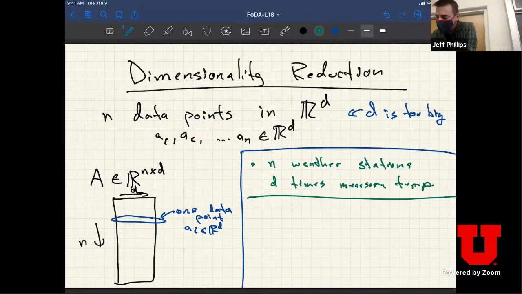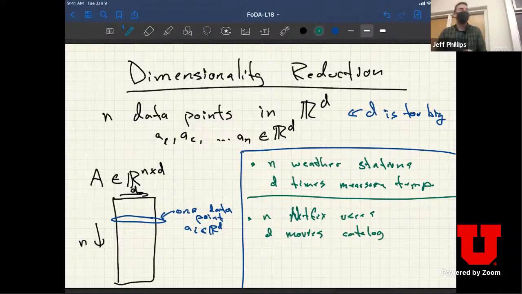Okay, another common example: I'm going to have n, let's say Netflix users, and there are D movies in their catalog. I don't know how many people in the US subscribe to Netflix.